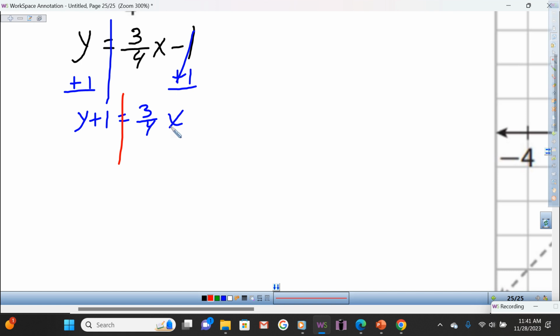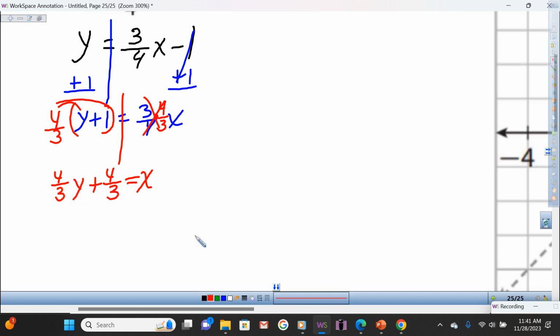All right, we need to leave x by itself. Yeah, times 4/3, or the reciprocal. Times 4/3. So this becomes a giant 1, and we're left with x equals, let me distribute this, 4/3 y plus 4/3.